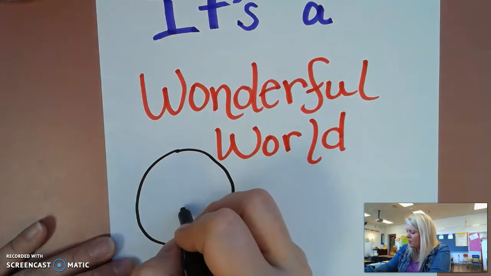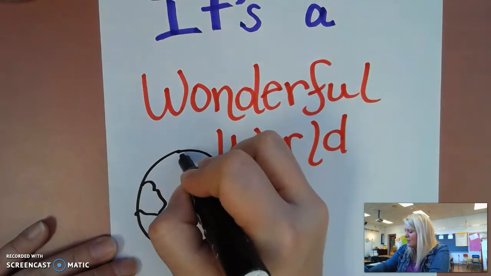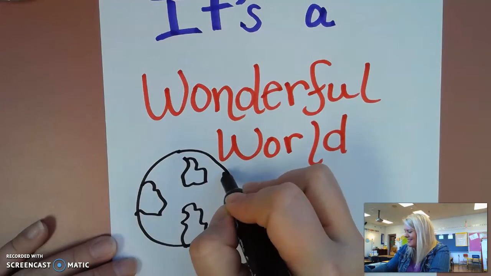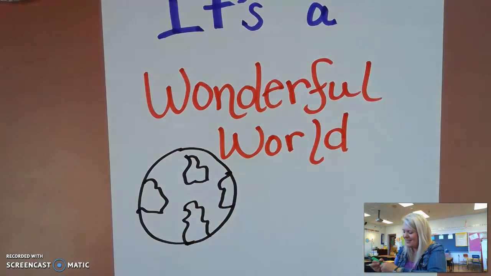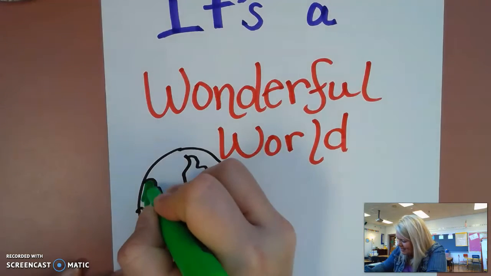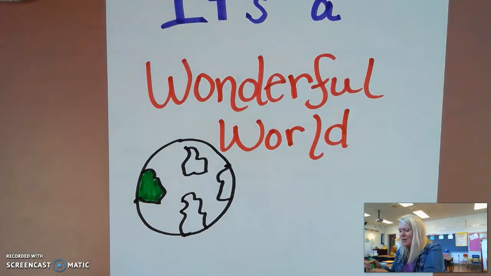You could draw the world like a map. This is the land pieces. Don't you like my earth? And you could color this part green, then you could get a blue and color the rest. I'm not going to make you watch me color.